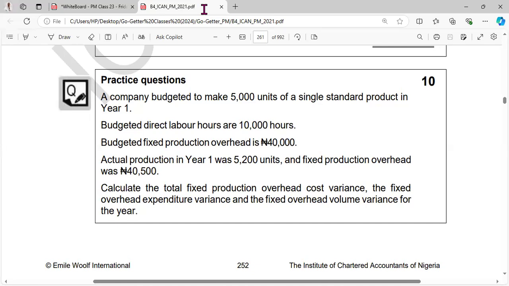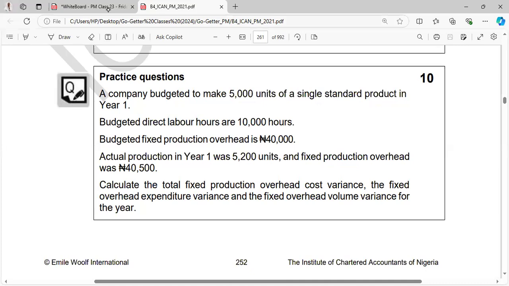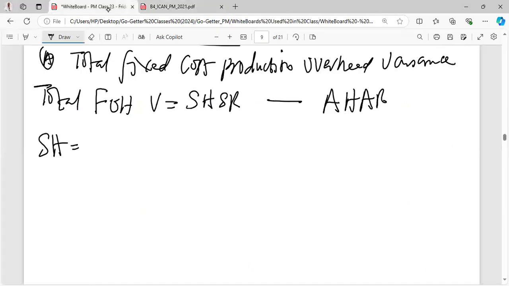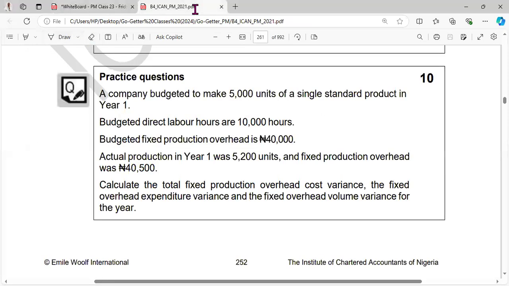So how do we get our standard rates? Let's do standard rates first. Standard rate is gotten as the overhead absorption rate. What is the budgeted amount? It is 40,000, and budgeted hours is 10,000.